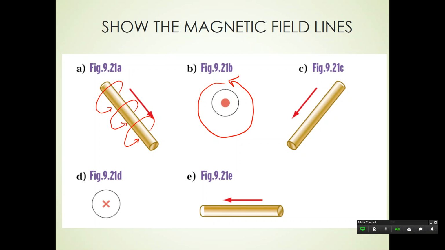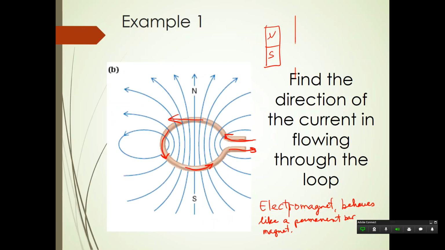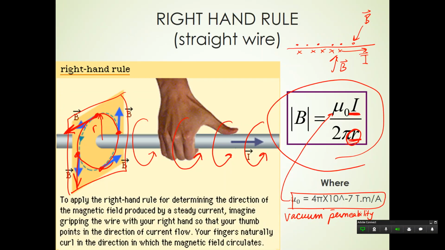Which one? This one here? It depends on where you're sampling it, right? So if you really want to be picky about it, it could look kind of like this.